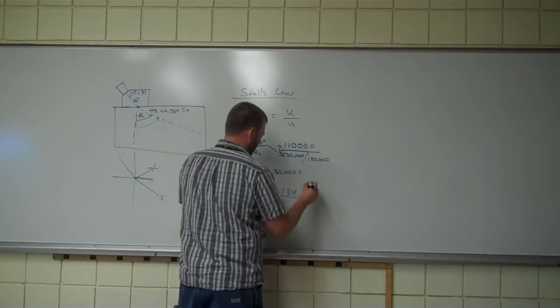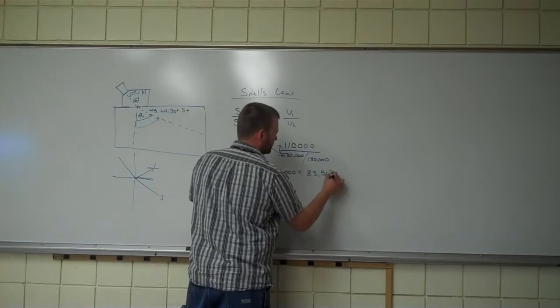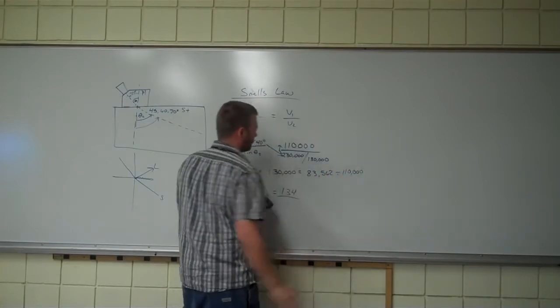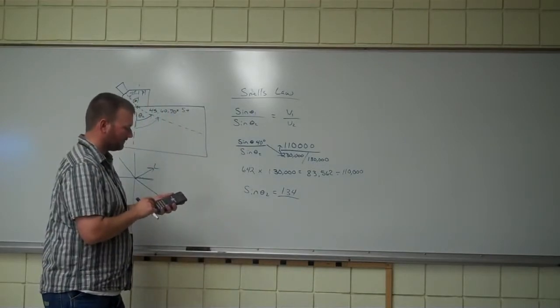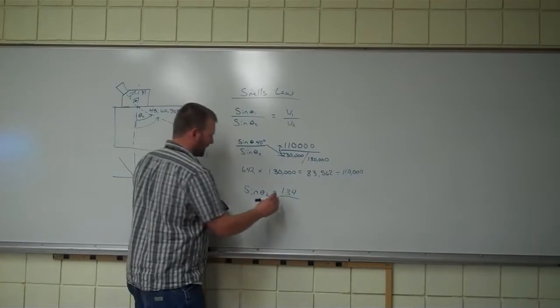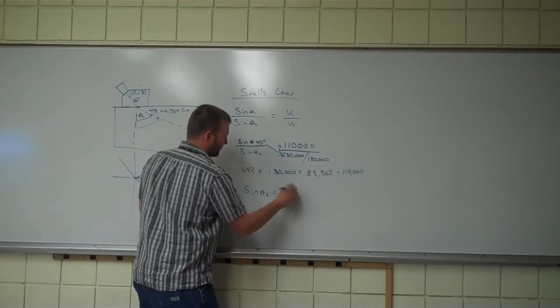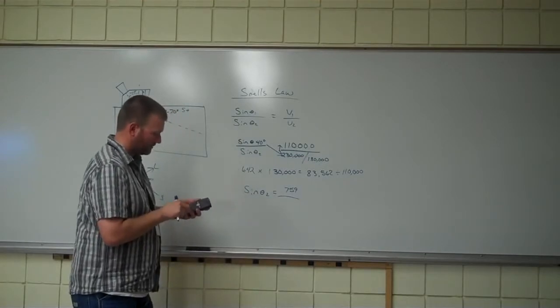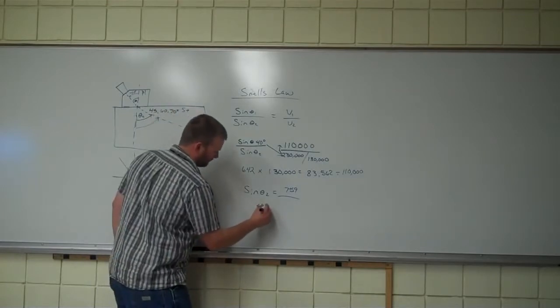And that was actually wrong, I wrote that wrong. It's 83,562, and that's going to be divided by 110,000, and not 1.34 like I had it written before. So divide that by 110,000, and I come up with 0.759 now. Less than 1, we know it's going to be an angle. Inverse sine, I've got 49.43 degrees.